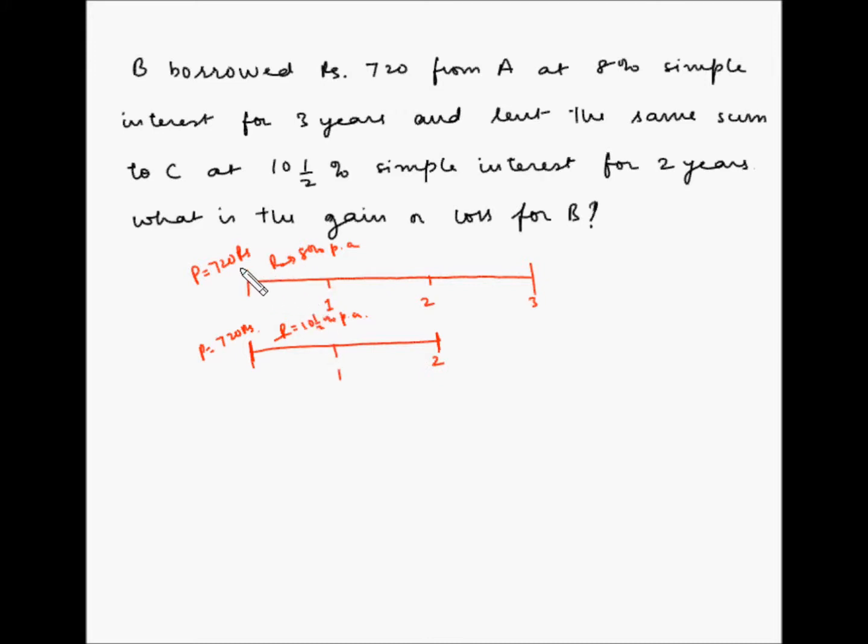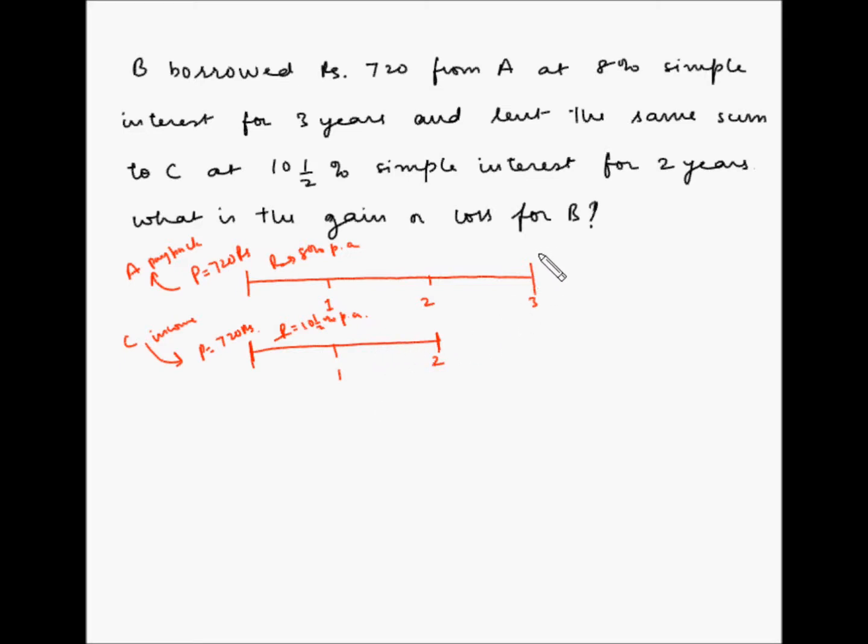So now he has to pay back to A at 8% per annum for 3 years, and he is getting from C, this is the income, which is 10.5% per annum for 2 years.